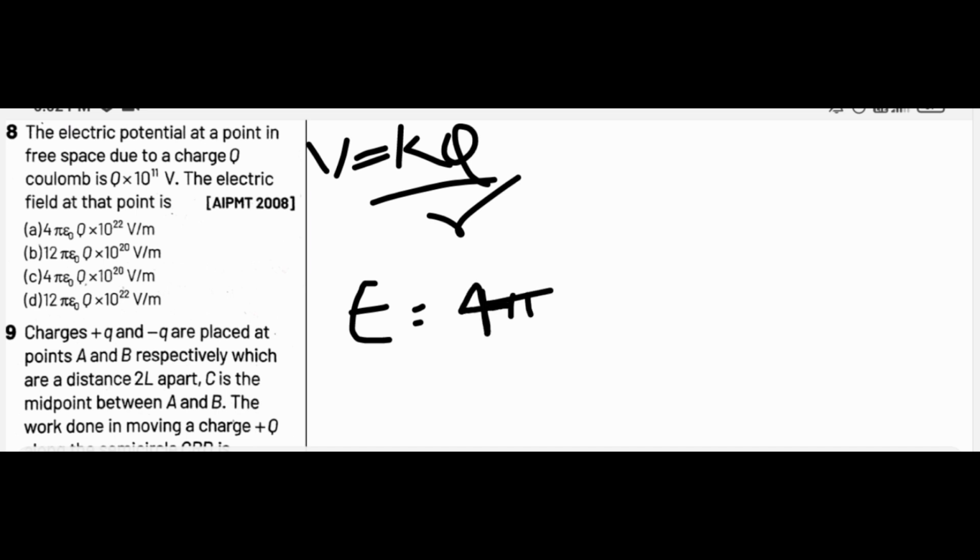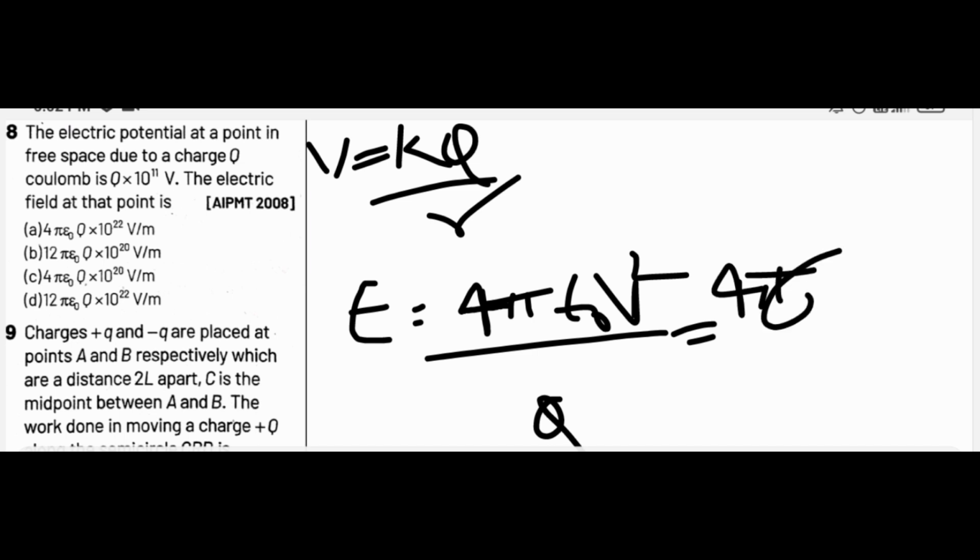4 pi epsilon naught V squared by q, which will be 4 pi epsilon naught into q squared into 10 power 22 divided by the charge q.